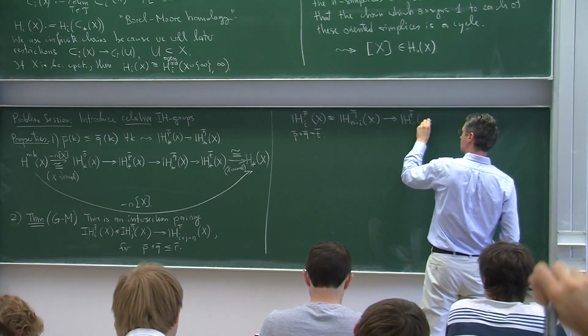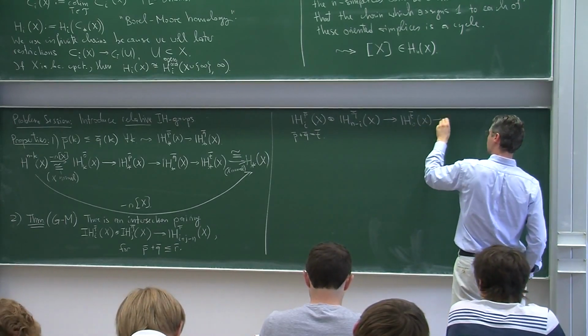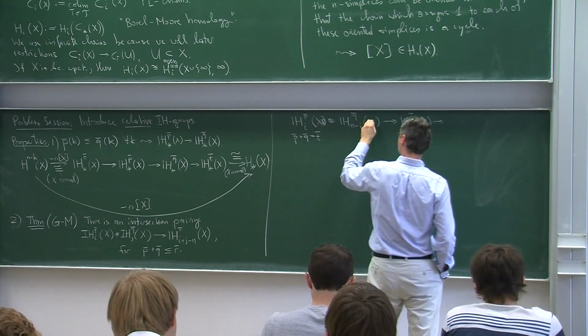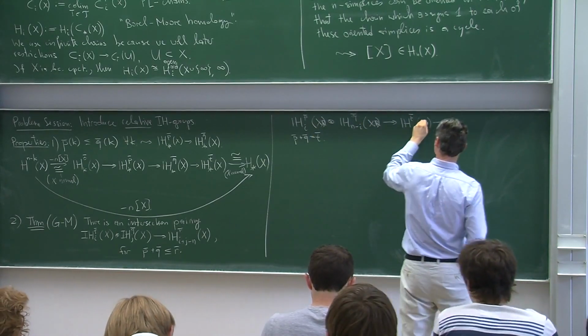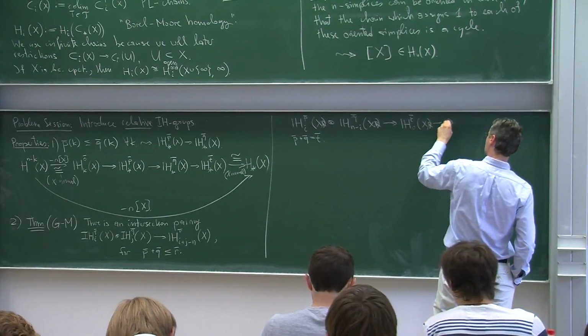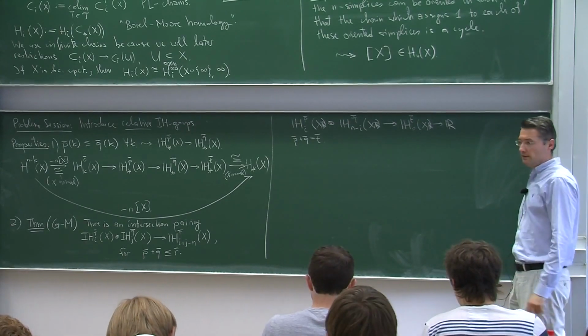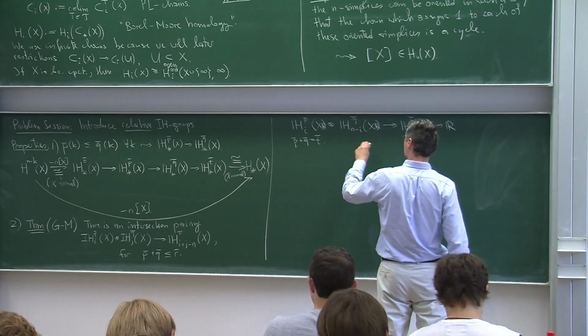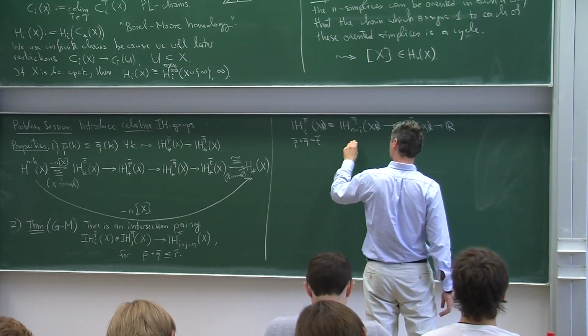For 0, right? And maybe I'll use real coefficients now. So then this form is non-degenerate. This is a bilinear form now, and the theorem says this is non-degenerate.